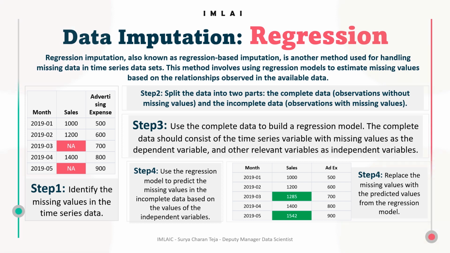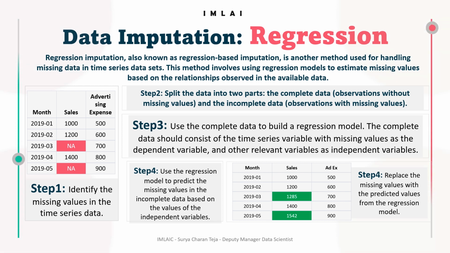So now let's look back into the example one more time, whatever we have seen so far in regression. It's important to note that regression imputation assumes that there is a meaningful relationship between the dependent and independent variables, and that this relationship holds for the missing values as well.